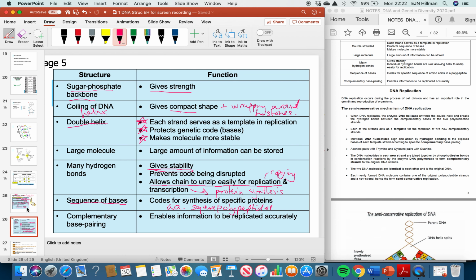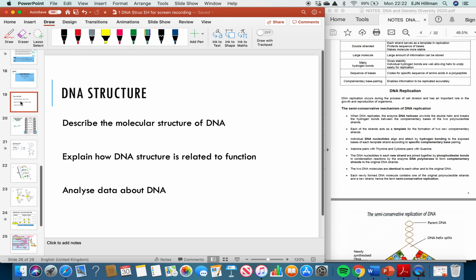Right, and that's everything really for the structure of DNA. So we need to know the structure as a monomer, so a single nucleotide. So a phosphate group bound to the deoxyribose, bound to a nitrogenous base.